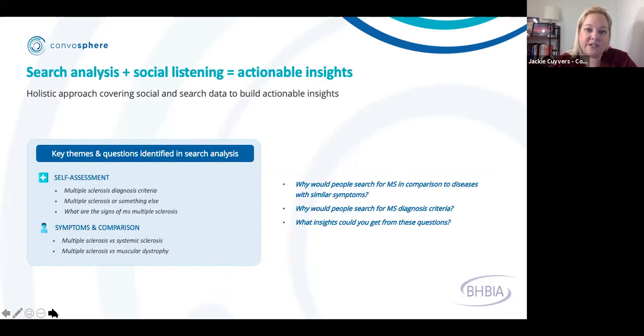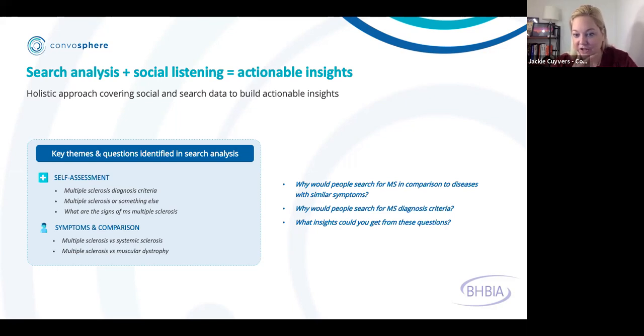So combining these two can provide you a holistic view of what people are saying, what people are searching, and really what the needs are within this specific therapeutic area. And they help you identify key themes and questions, and deliver more actionable insights or data-driven insights to answer the business questions, right, that you can stand behind.